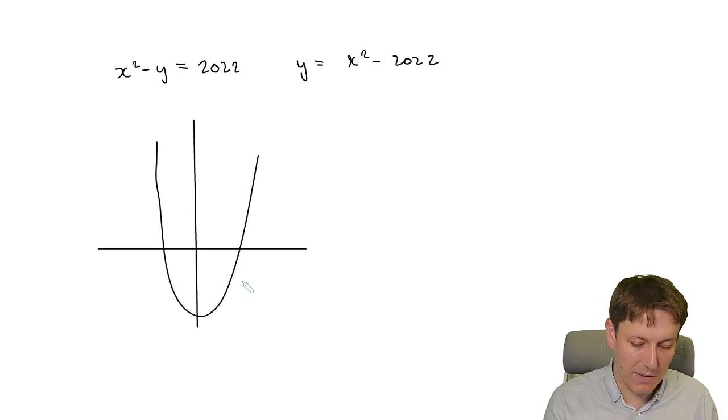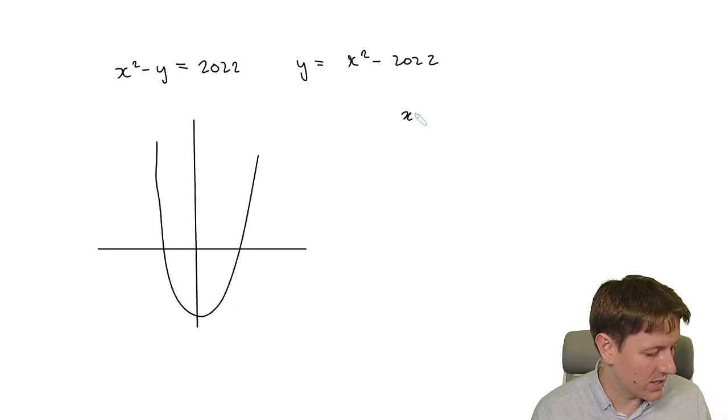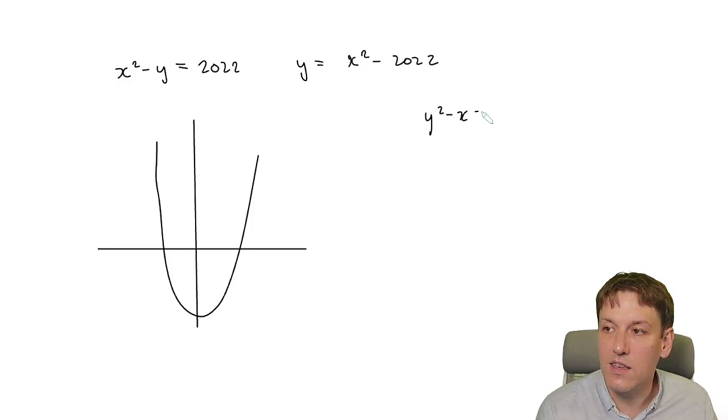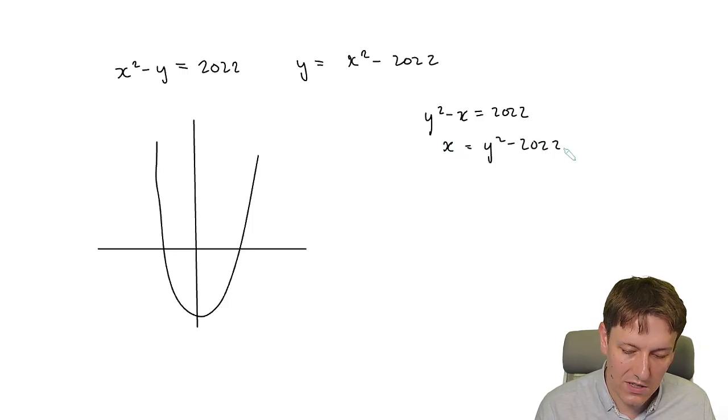I'm doing it roughly, it should be symmetric obviously. Now if I take the other equation, that one would be y squared minus x equals 2022, then I can write that one as x equals y squared minus 2022.